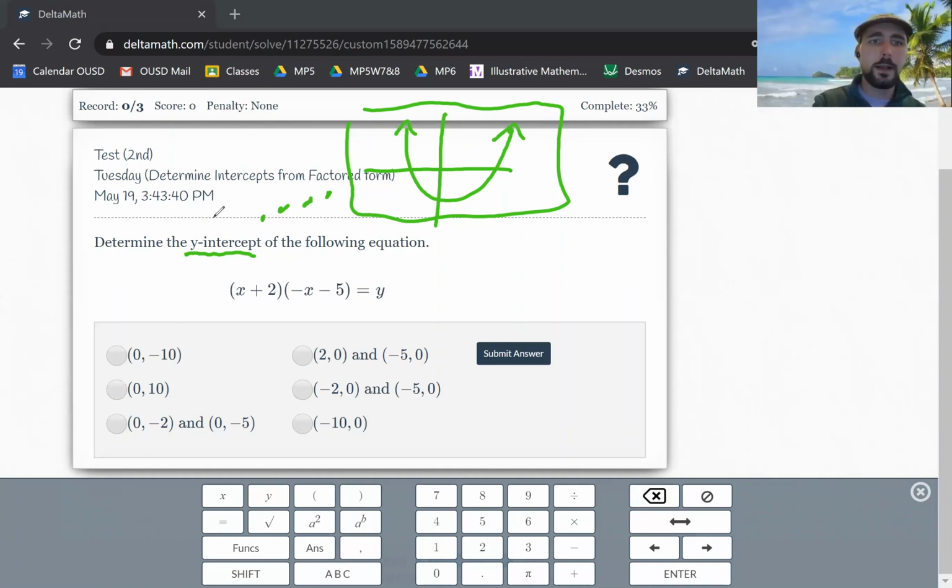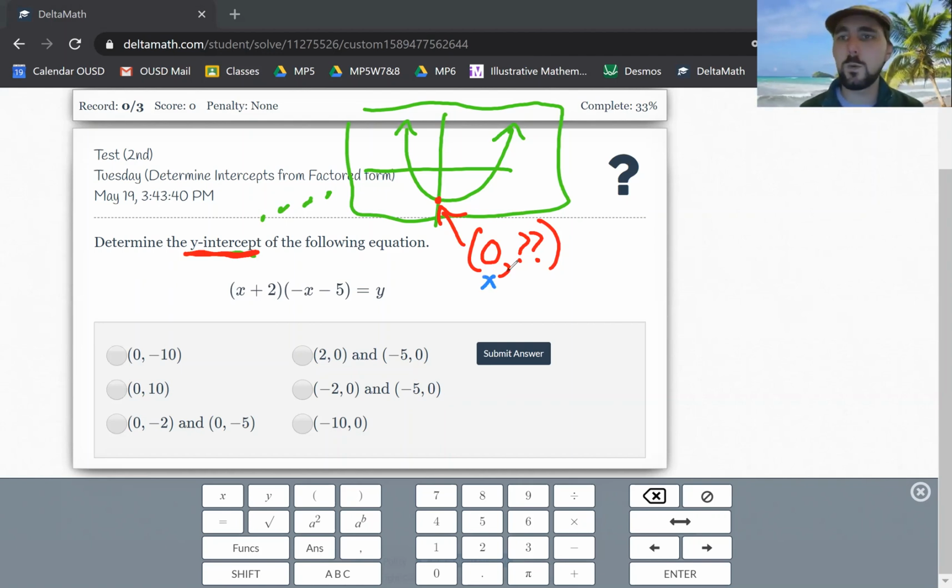When we are talking about the y-intercept of the parabola, that's the part where it crosses the y-axis like that. Maybe it's the bottom of the parabola, maybe it's not. But the one thing we know for sure is that at this point, the x value is going to be 0.